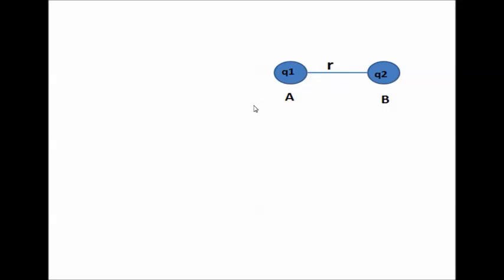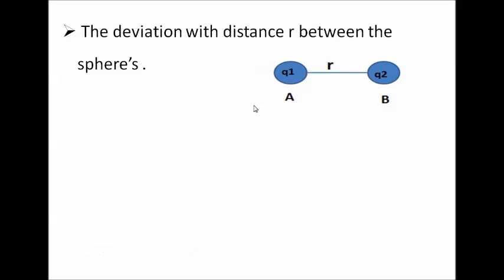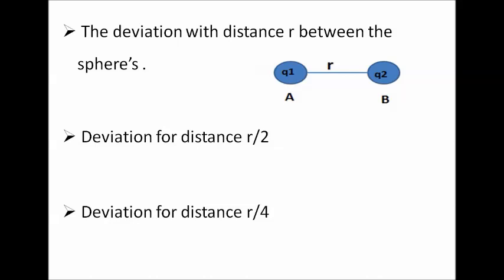And he observed how much the deviation is with r as the distance between the metallic spheres. And then he varied the distance using the micrometer, and he observed what the deviation is for distance r by 2 between the metallic spheres, and similarly he observed what the deviation is for distance r by 4 between the metallic spheres.